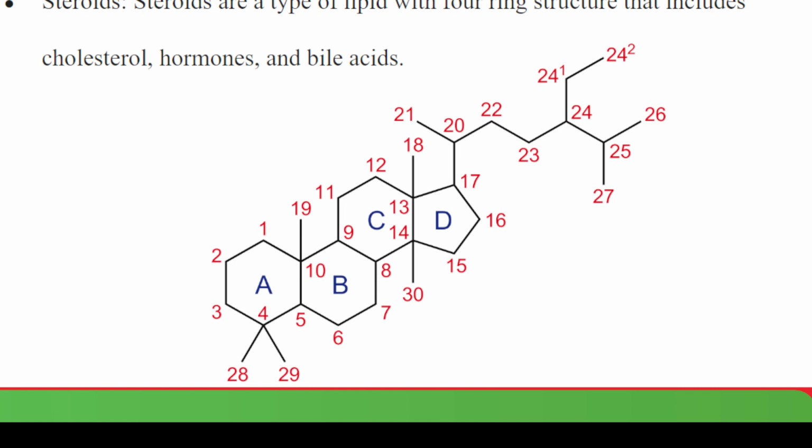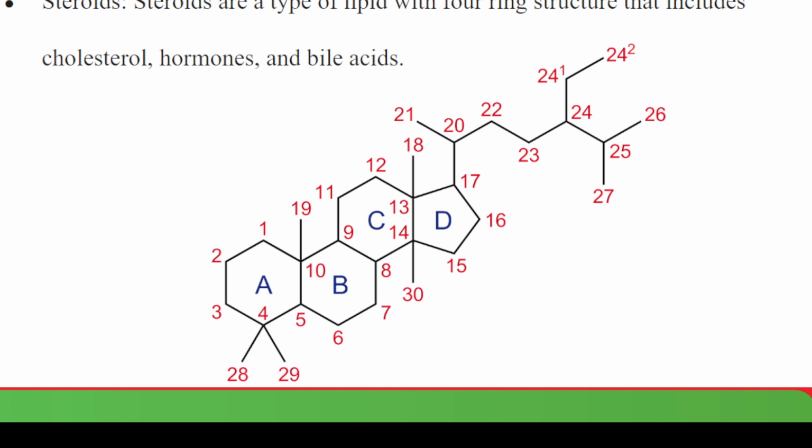And we have steroids, which includes also cholesterol. Steroids are a type of lipid with a 4-ring structure, and this includes hormones, the bile acids, and cholesterol. And right here is what I am trying to say, that they have the 4 rings.